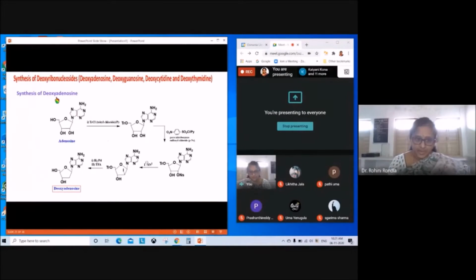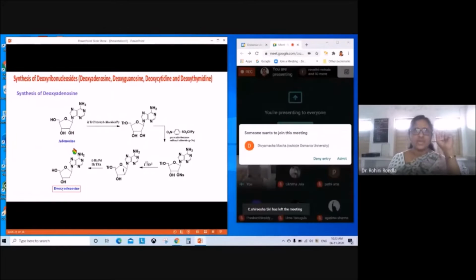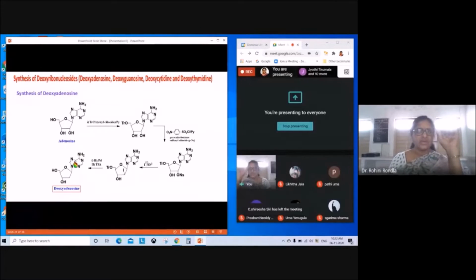Deoxyribonucleosides. To prepare this nucleoside, here we have taken adenosine. See this adenosine. What is adenosine? Tell me. Adenosine is a ribonucleoside, right? We have taken a ribonucleoside here. There is only one difference between RNA nucleoside and DNA nucleoside. What is that?